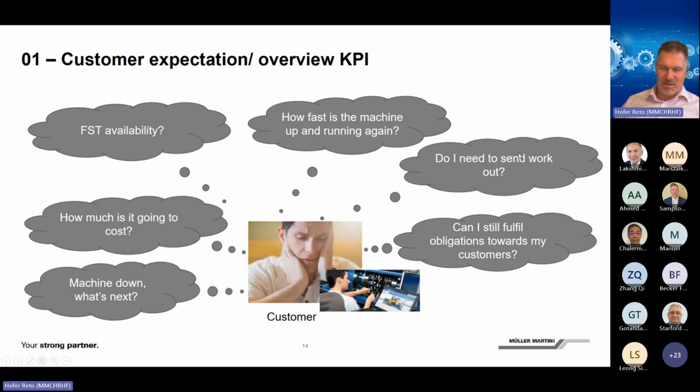Questions possibly asked: does he need to send stuff out? How quickly can he get an engineer from us or from somebody else? Obviously, also important is the commercial aspect. How much is it going to cost? And this does not just include the cost to get an engineer in from Muller Martini. This also includes the actual opportunity costs, not producing, maybe sending stuff out.